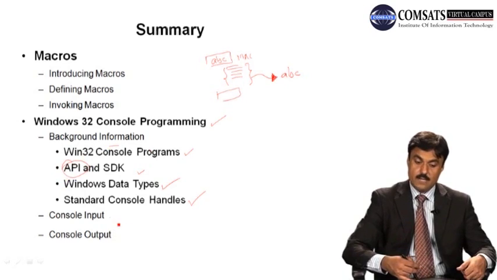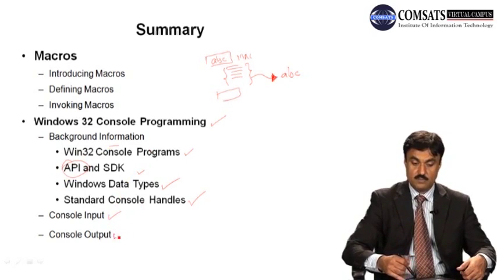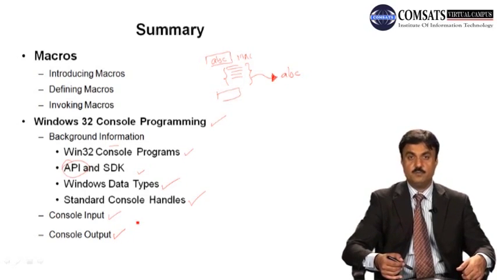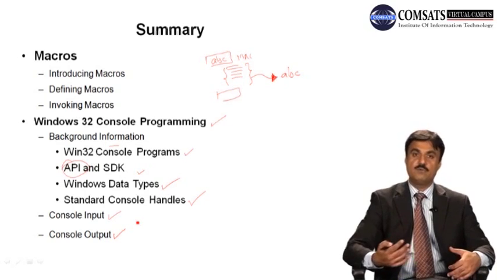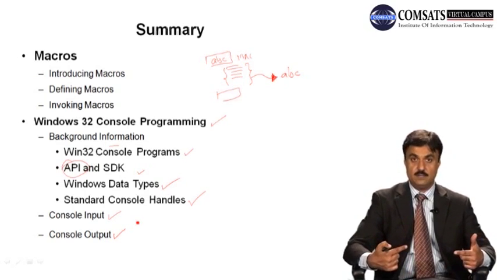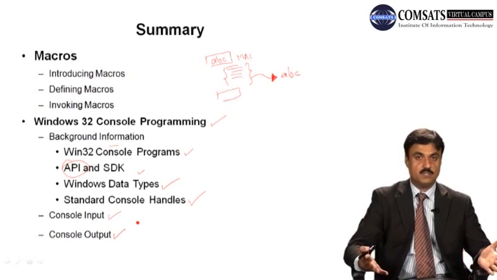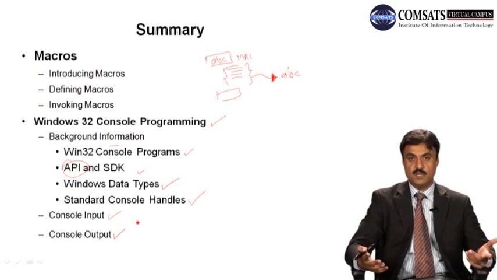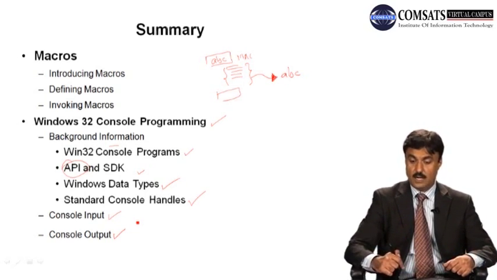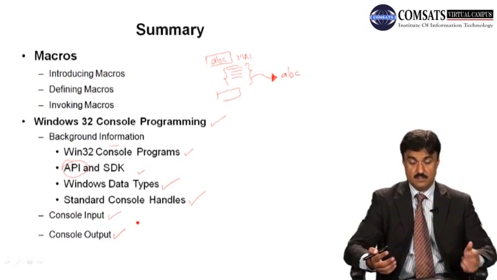At that time we also saw the console input handles, and a few examples of console output handles, and how we can read characters from the input buffer. Before reading characters from the input buffer, we need the handle. A handle is nothing but a 32-bit value that uniquely identifies the object that has been created to handle the device.